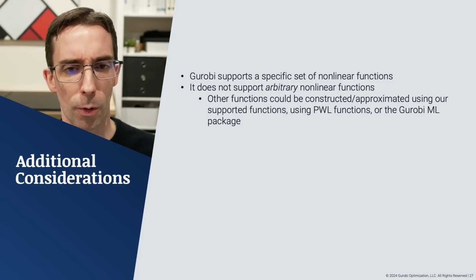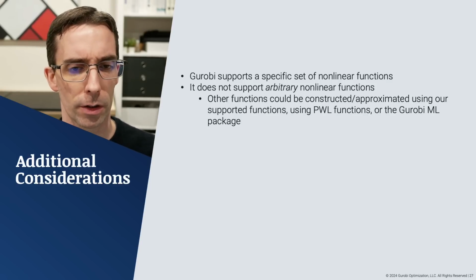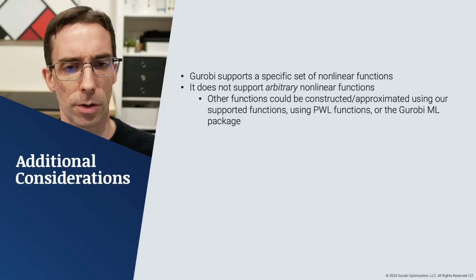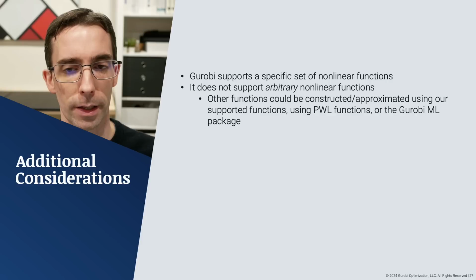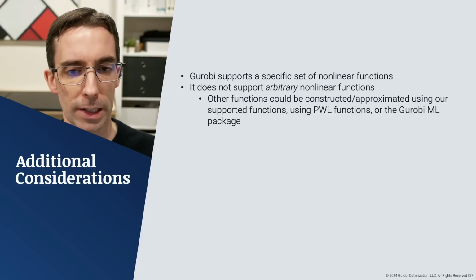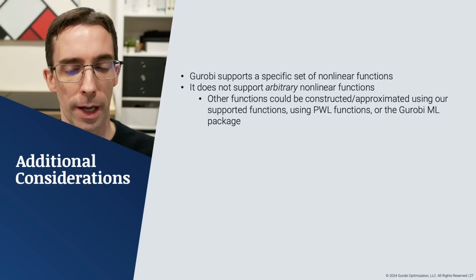However, we don't support arbitrary nonlinear functions, so you may find yourself in a situation where you have a particular nonlinear function that isn't very convenient to represent by building it up with the nonlinear functions we support. In these cases, you may find it worthwhile to build a piecewise linear approximation using our piecewise linear functionality. Another approach is to approximate a function using Gurobi's ML package.